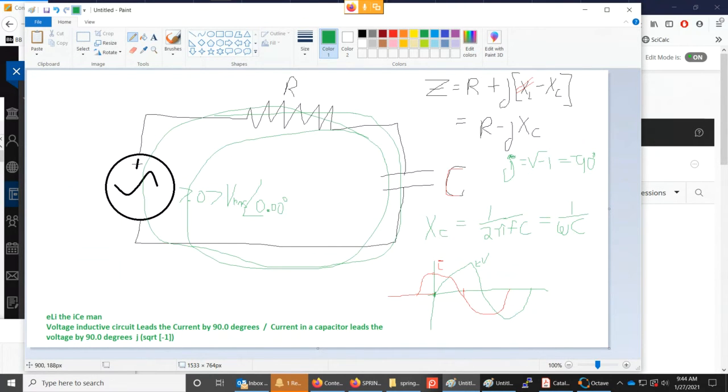Okay, so this is in a series circuit, and we know that if we had resistors in DC, resistor 1 and resistor 2, they would just add together. Well, here, that's basically what I'm doing, I'm adding these together. So in our series circuit here, we have the reactance plus the resistance. The only difference is that the reactance has this minus J coming along with it.